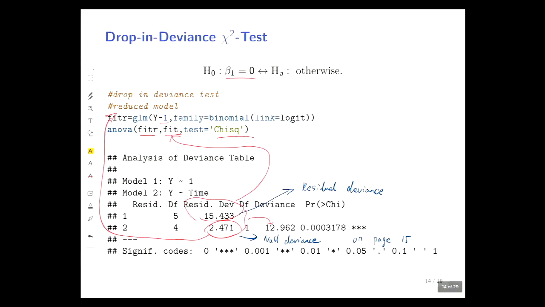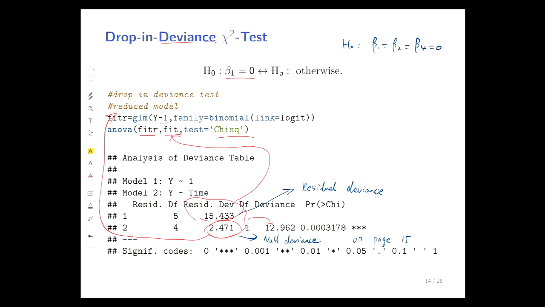Even if both tests have deviance in the name, they actually test different kinds of things. For the dropping deviance chi-square test, we test the coefficients. In this specific case, we test beta 1 equals 0, or if we have more variables, we can test beta 1 equals beta 2 equals beta 4 equals 0.